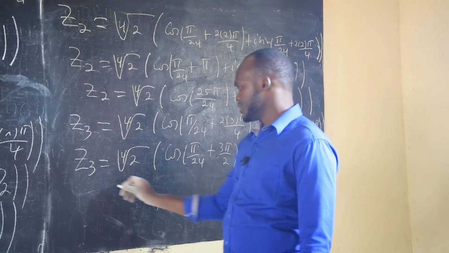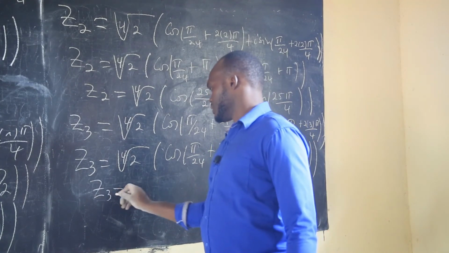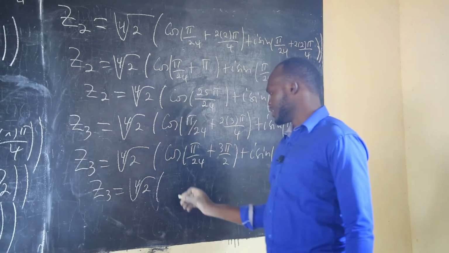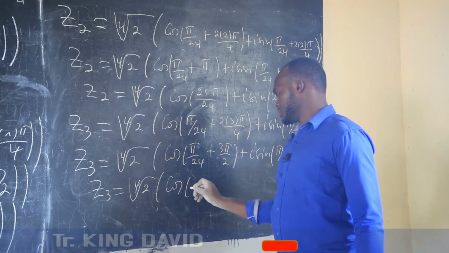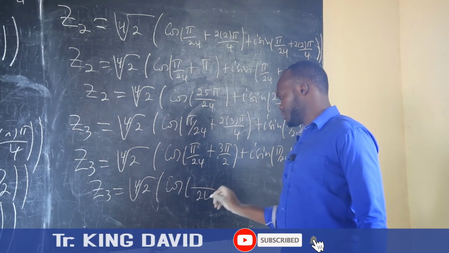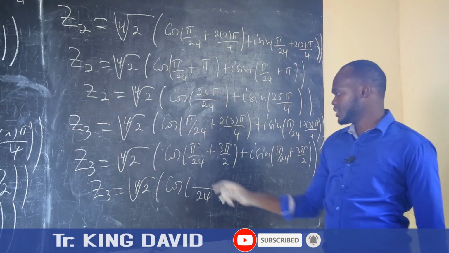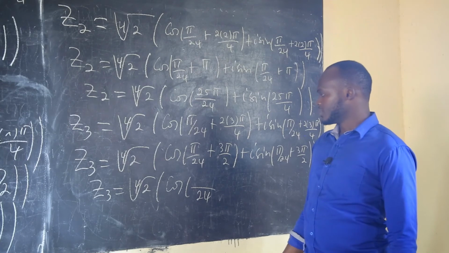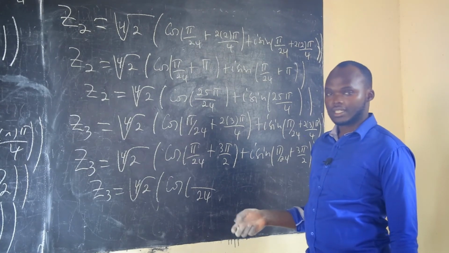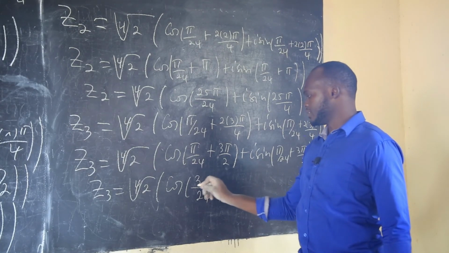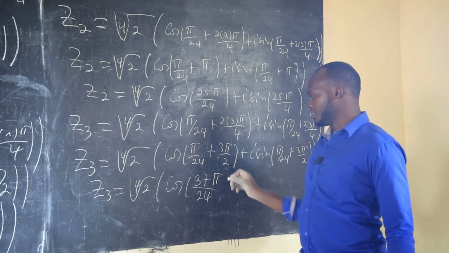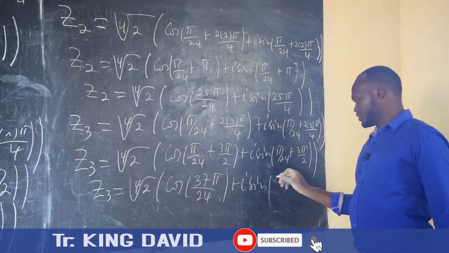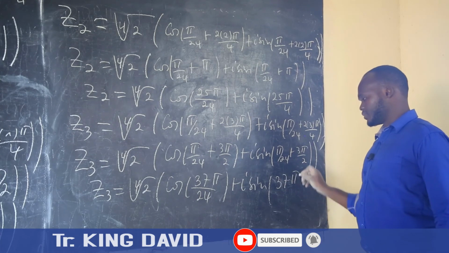With the LCM of 24, 24 divided by 2 is 12, and 12 times 3 is 36, plus 1 is 37. So z3 equals the fourth root of 2 into bracket cos 37 pi over 24 plus I sine 37 pi over 24.